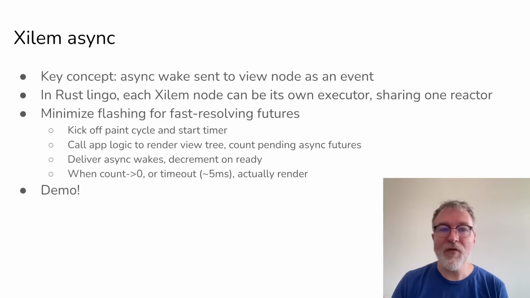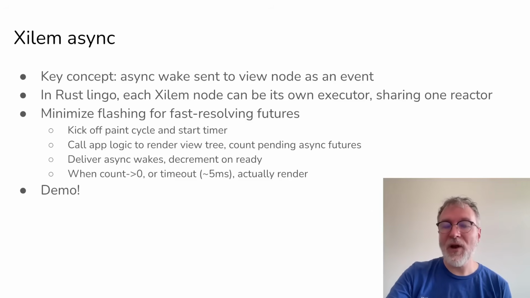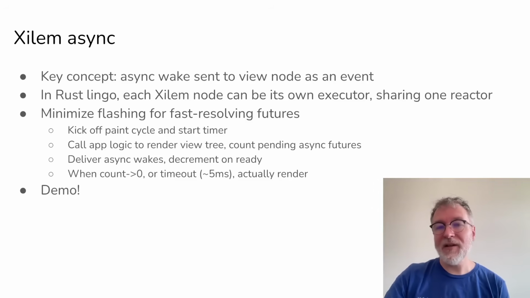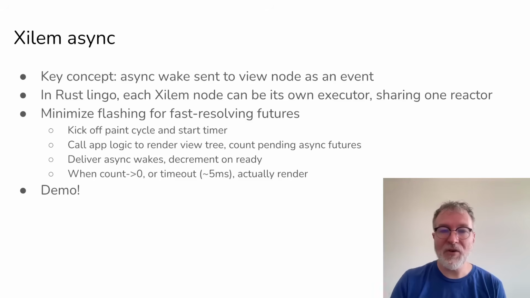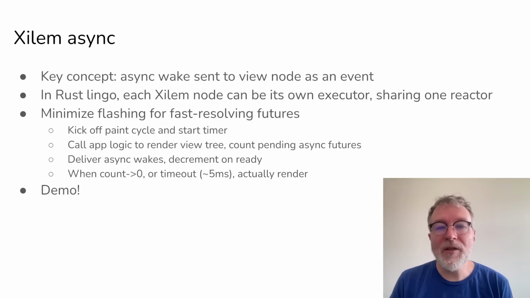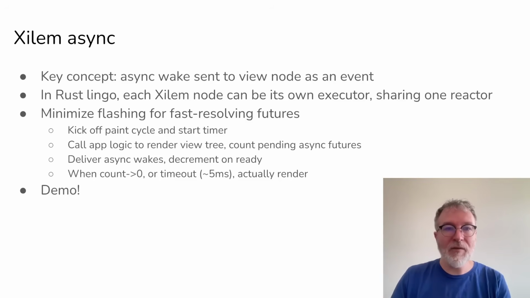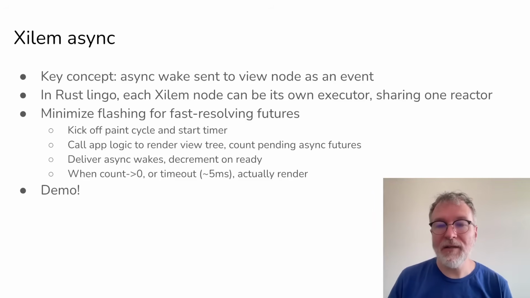You don't want to have one frame where you've sent off the async request, but then you get a paint cycle, and then almost immediately the async request resolves, but you've still flashed it. So there's a timer internally. When you have futures, you send them out to get resolved, and you start a timer, which can be, let's say, 5 milliseconds, so a lot less than a repaint cycle.